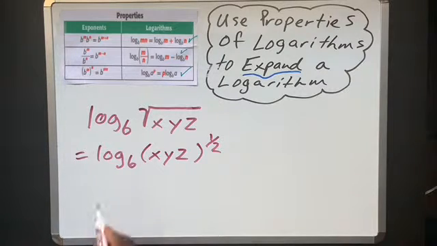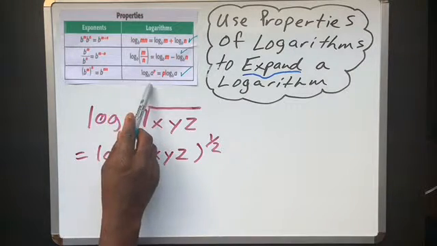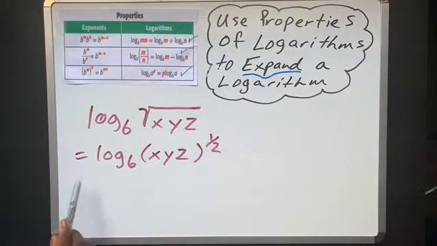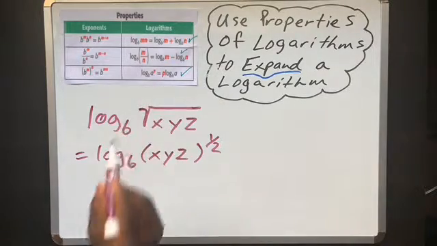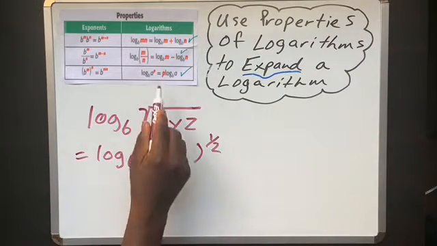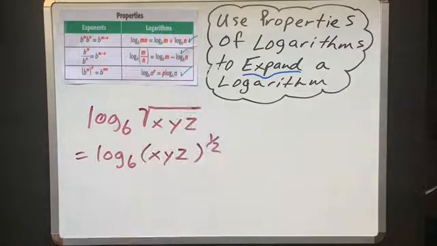Now, this looks just like this property right here, where we have log base b of a to the p. In this case, we have log base 6 of the quantity x times y to the 1/2 power. So we're going to treat it the same way, where you write p times log base b of a.